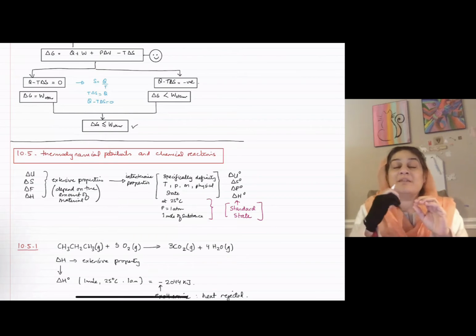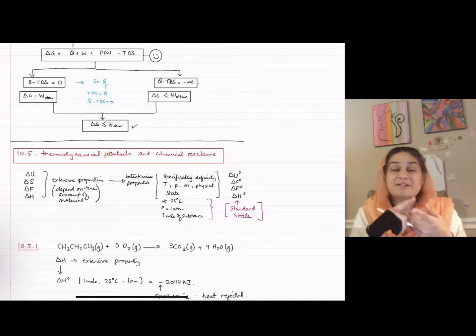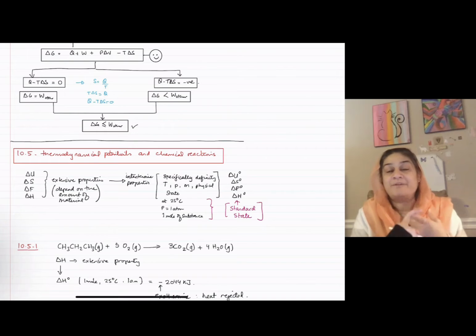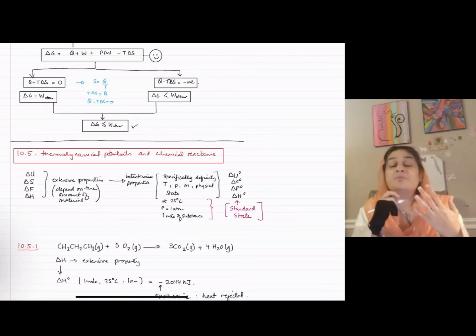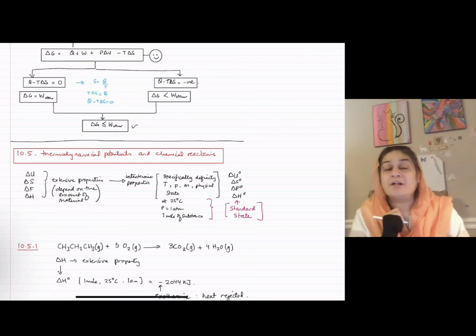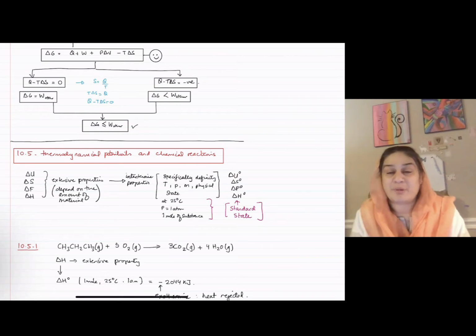The way we do that is we define a specific state, which we call the standard state, for 25 degrees Celsius, 1 atm, and 1 mole of substance. And we put a subscript 0 on top, and that is the difference between the extensive and the intensive properties.